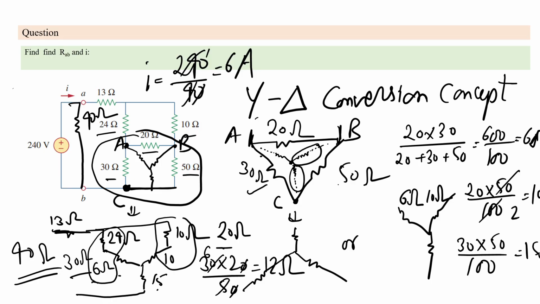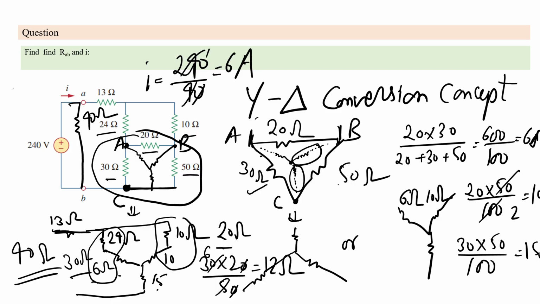So if you see it converted into a star, those 24 ohms and 6 ohms will come in series, there is 30 ohms and 10 ohm and 10 ohm, it will come in series, that is 20 ohms, and in series with the 15 ohms. So if you see the overall circuit, how it will form, that will come as 36 ohms in parallel with the 20 ohm, in series with the 15 ohm.